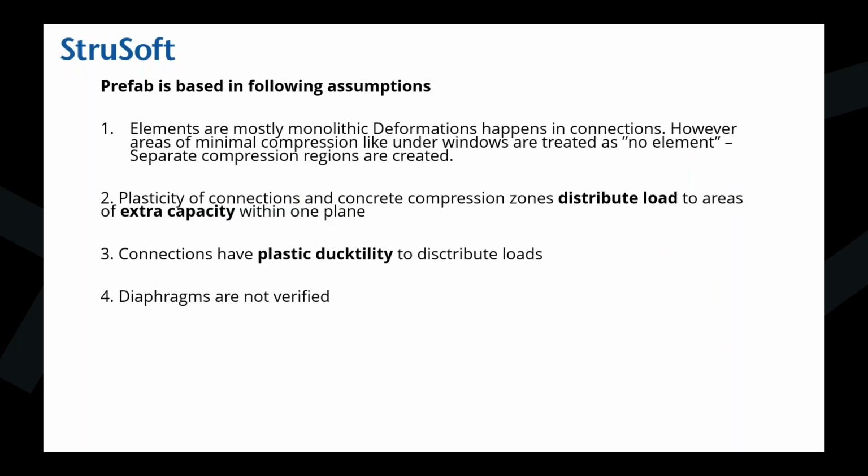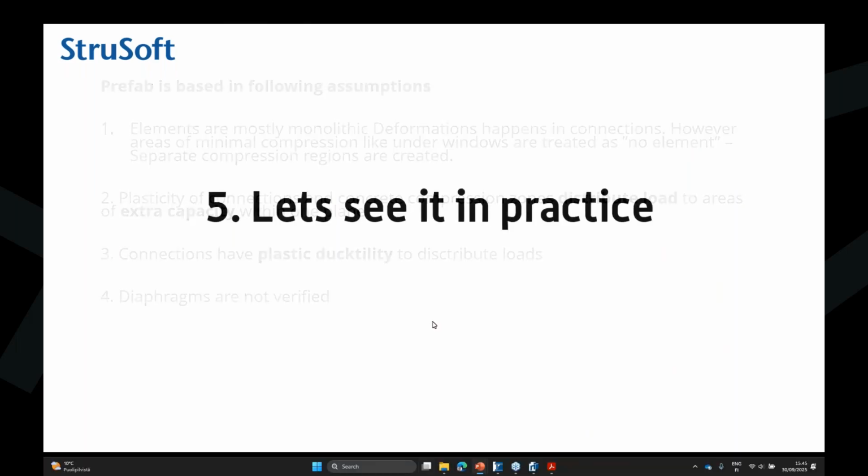Then we assume that the plasticity of the connections and concrete compression zones will distribute the loads to the places where extra capacity still remains in the structure. And we always assume that we have plastic ductility to distribute those loads. Wall diaphragms are not verified at all, so they can do whatever. But it's better to look at that in practice.